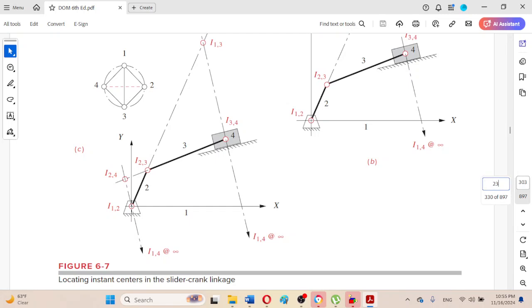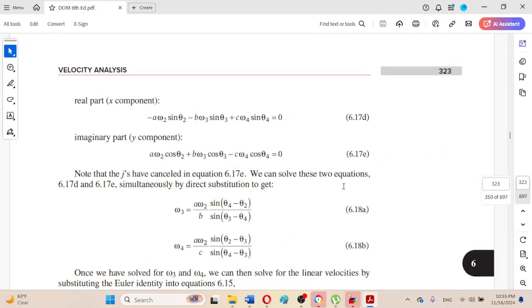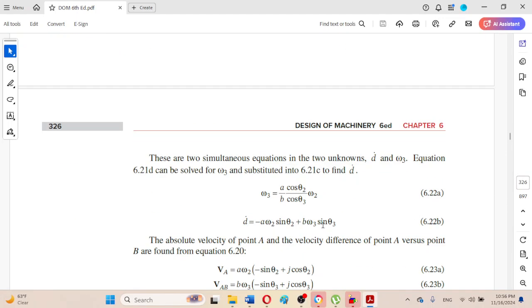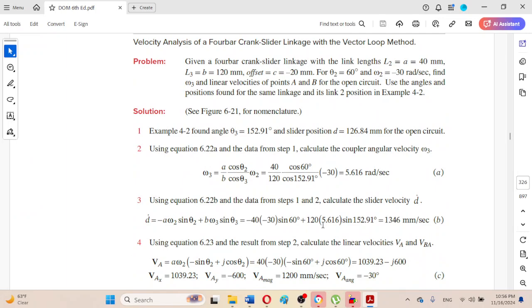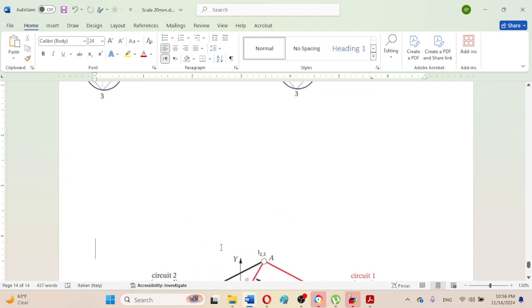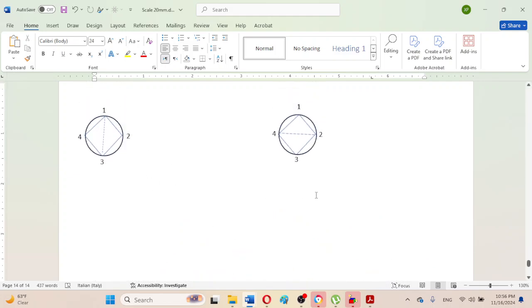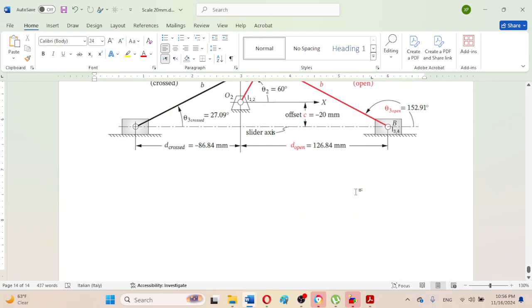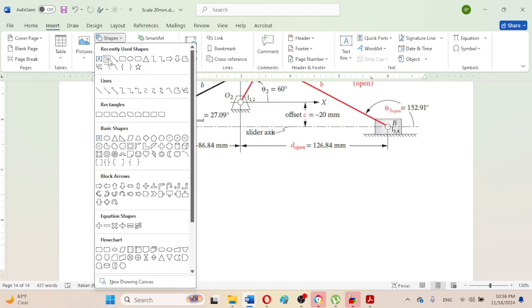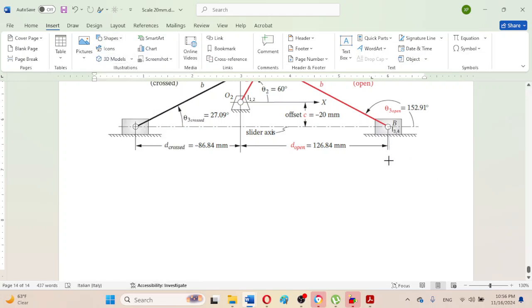Now proceed to the same example, 6-8, and the figure which I pasted here. So for the permanent instant center, in a similar manner I can draw here the infinitely long rocker just for your reference, like the author has drawn.